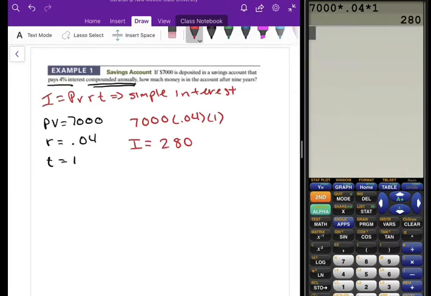So therefore, for this year, now I'm going to get this. And remember that future value equals present value plus interest. So this becomes 7,000 plus 280 equals 7,280.